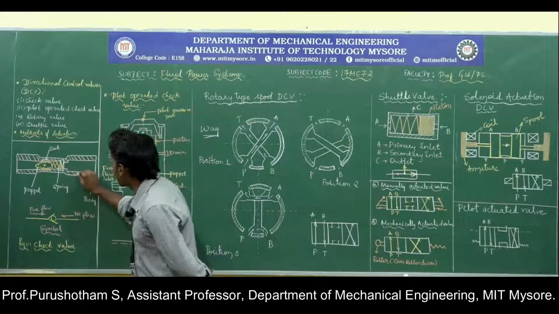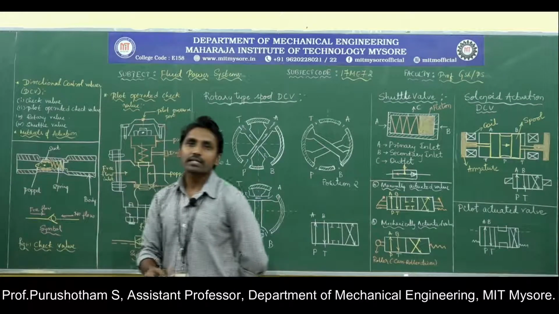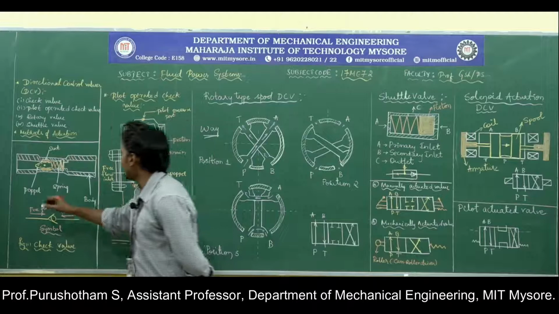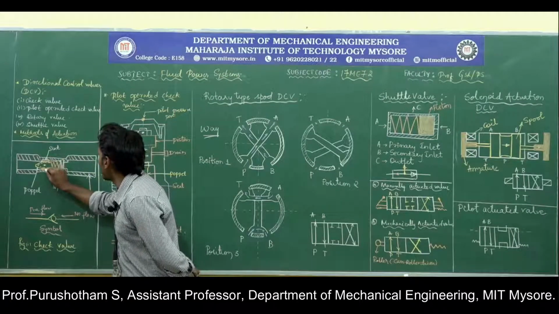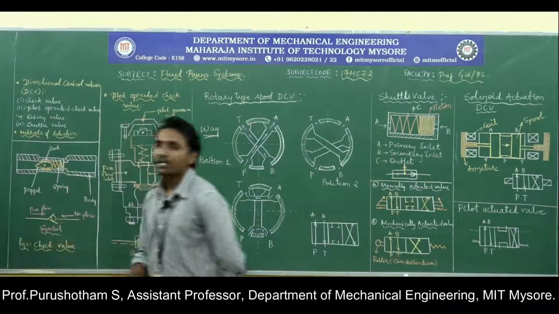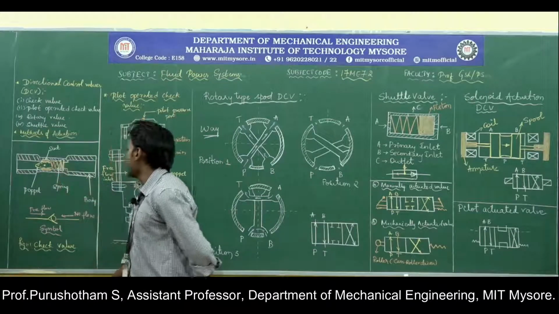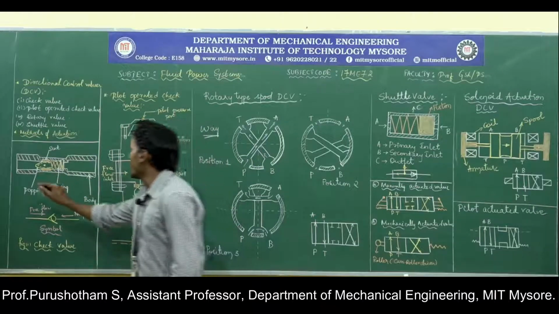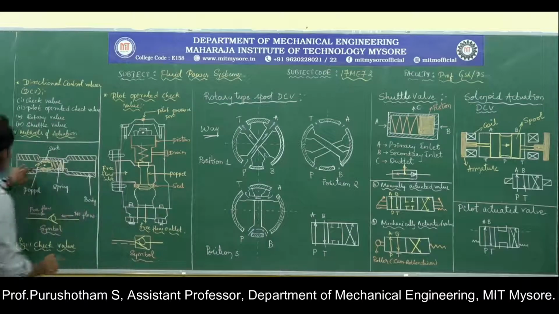This is the body of the valve. This is the poppet, which is nothing but a specially shaped plug, which sits on the seat and is held by the seat with the use of spring pressure, spring force. Now what will happen when the fluid enters from this end?